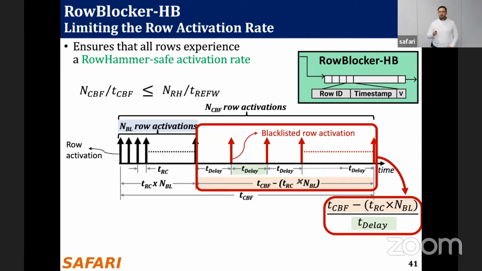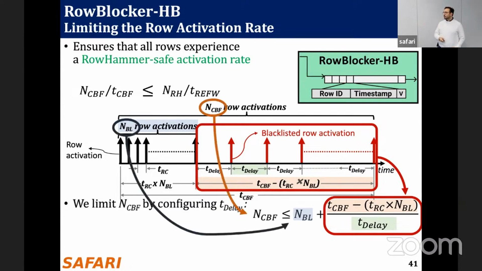This history buffer stores the history of row activations for this time window. Once you ask the history buffer if this row was recently activated and you find a record of it, it means it was activated less than this time window ago, and as a result, the activation is delayed.